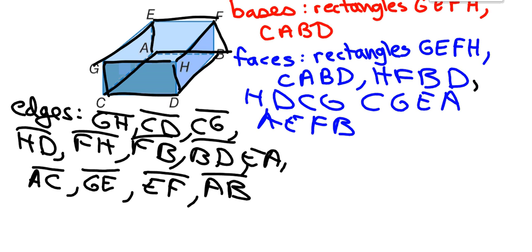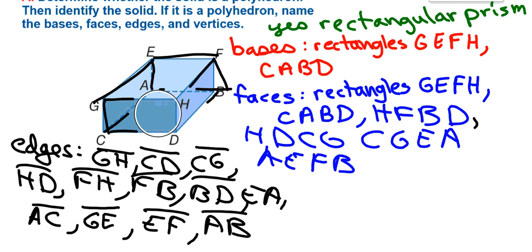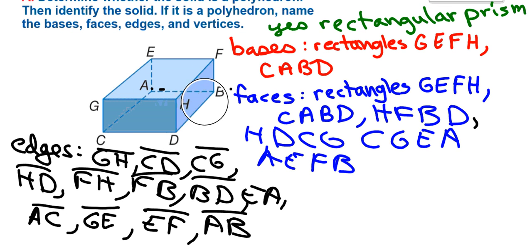Okay, so lots of things to list out for that. And then the next thing we want to name are all of the vertices. And you'll notice, to keep track, if you have to write all these, because it is a lot, when you write all of these, if you write them in some sequential order, it'll work pretty well.